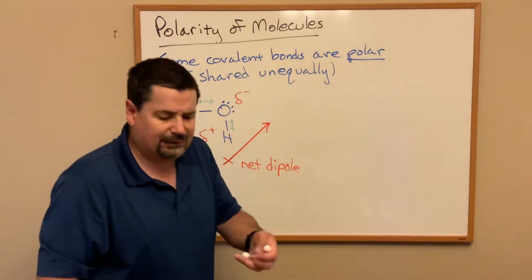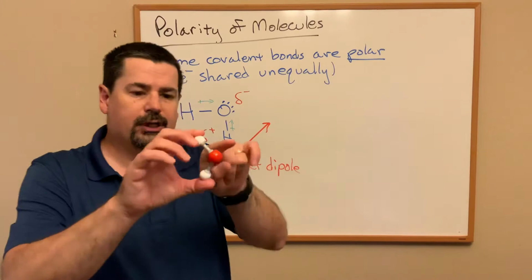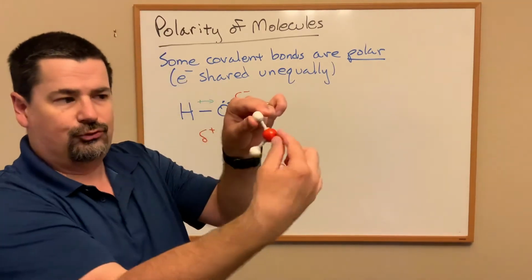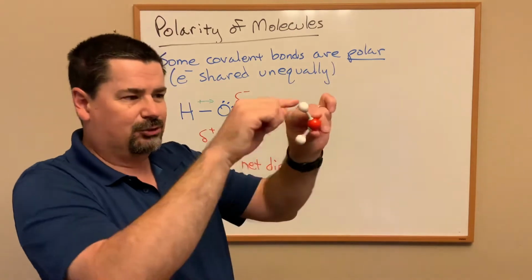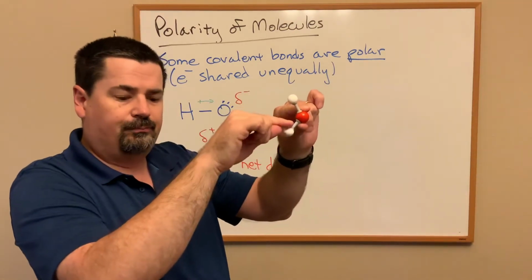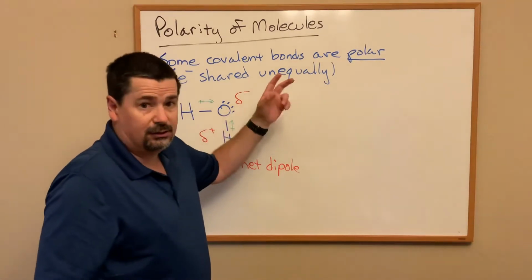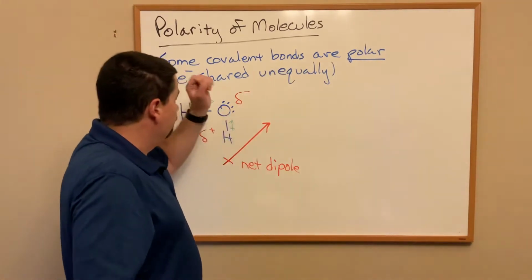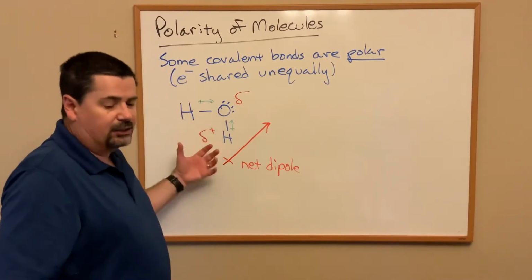Okay, so there's an electrical dipole here. We've got a partial negative charge on the red end of the molecule, the oxygen end, partial positive over here. So the partial negative will be attracted to other positive charges, and the partial positive will be attracted to other negative charges.